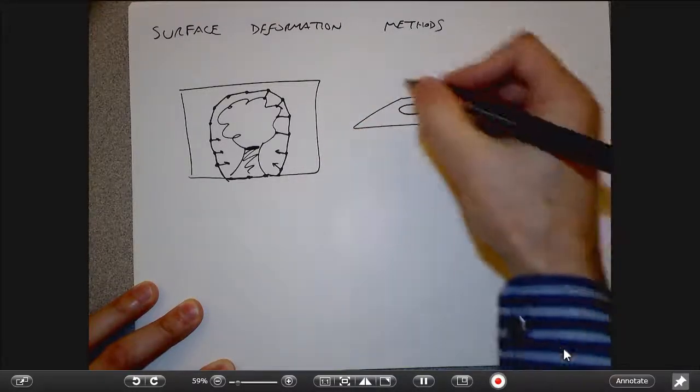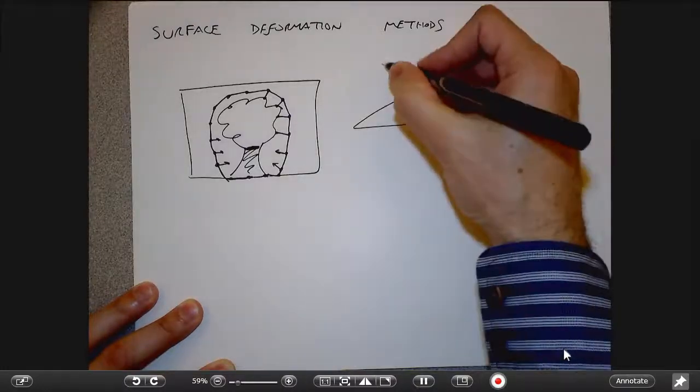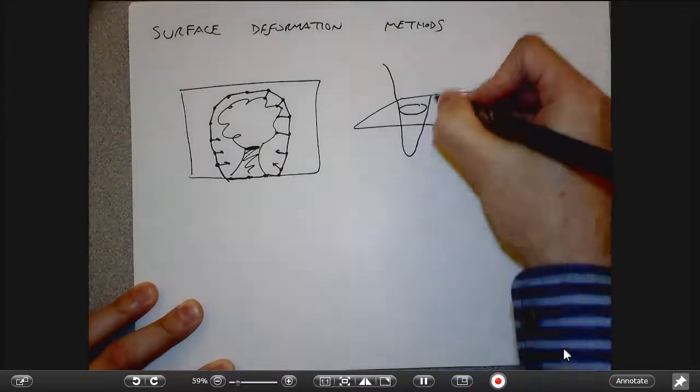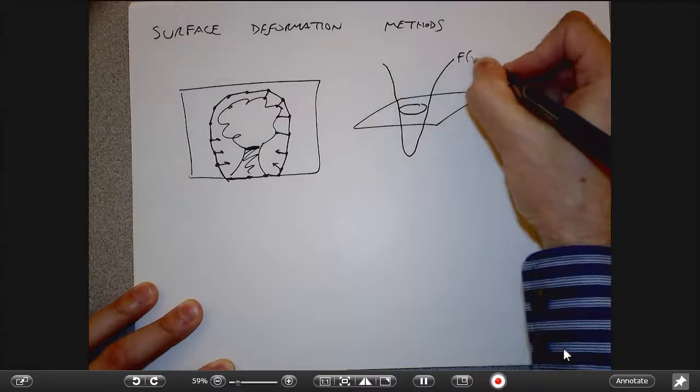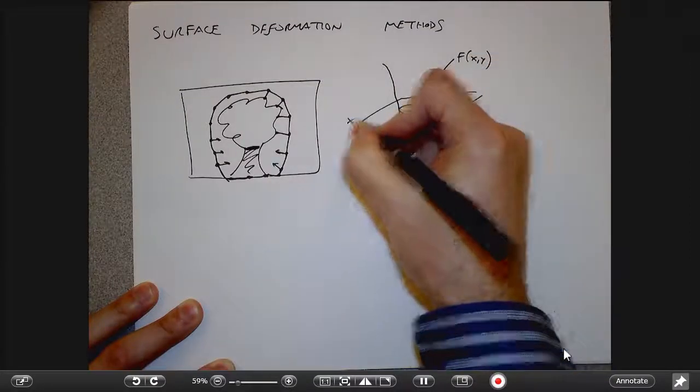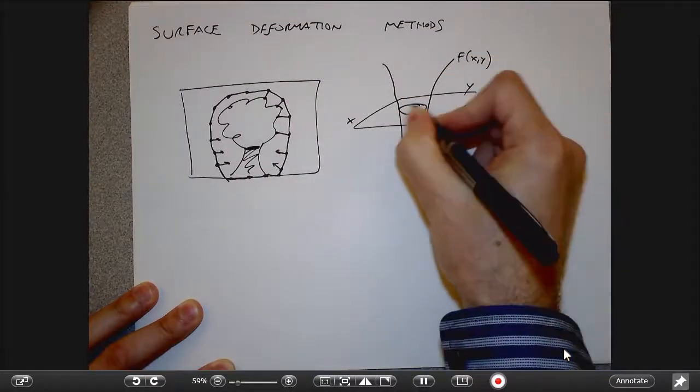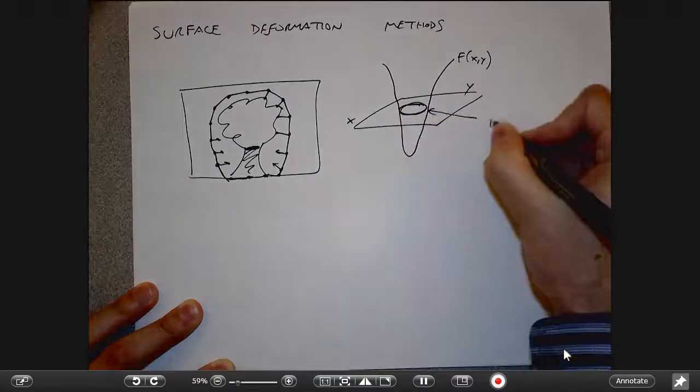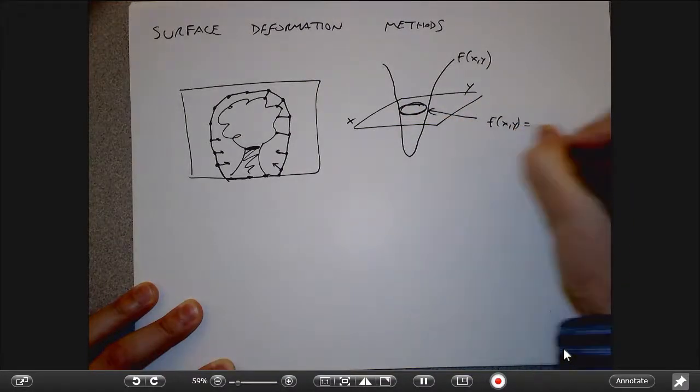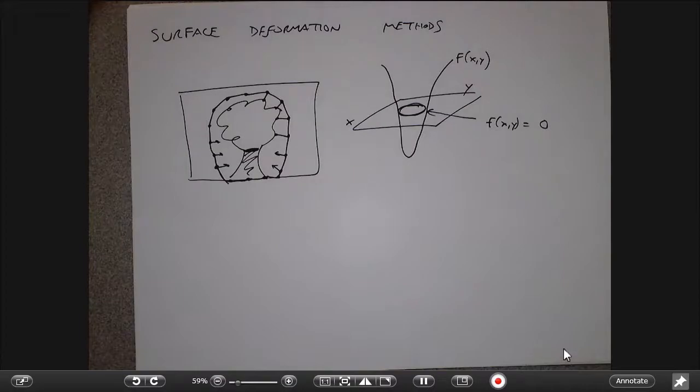So instead I try and estimate a function of x and y so that this function is exactly 0 around the boundary of the thing that I'm trying to estimate. And inside the object, it's negative, and outside the object, it's positive. And so this kind of gets around a lot of these things about keeping track of how many vertices I need and crisscrossing of the edges of the snake and stuff like that.